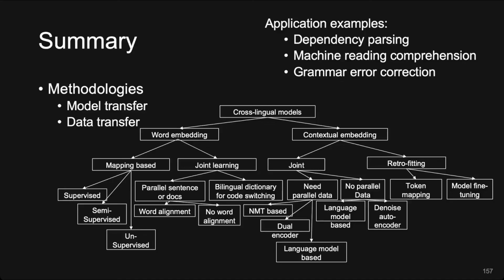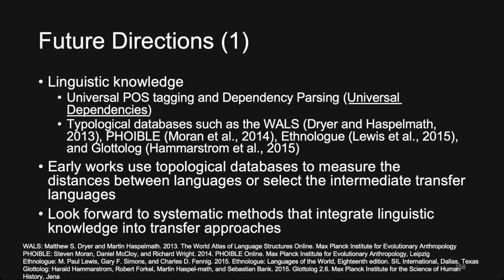Using dependency parsing, machine reading comprehension, and grammar error correction, we illustrate how the two major methods can be used in them, and how the two major methodologies can be integrated in those applications. As you can see, language scaling is a very important, very hot area in industry.